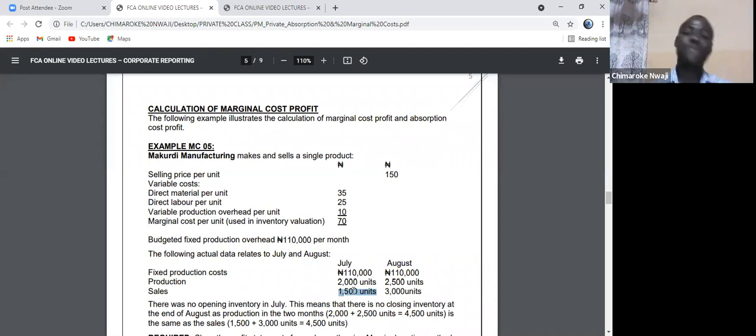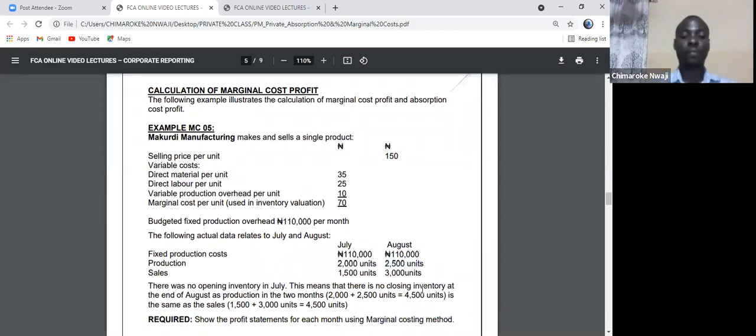How do we evaluate that closing stock? And mind you, the closing stock for July becomes the opening stock for August. So we have 500 coming from July to join the 2,500 in August. So 2,500 plus 500 is 3,000. The 500 is the opening stock valuation in August. And since we sold 3,000, exactly what we had, there is no closing stock in August.